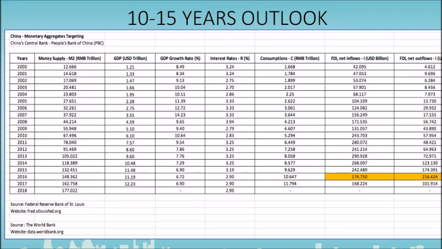But the growth rate in China increased from 2000 until 2007, and in 2007 it decreased because of the global economic crisis, and it increased back in 2010. For the interest rate, it is in the range of 2.7 until 3.2. The consumption for China keeps on increasing from 2000 until 2017, and the FDI net inflows also increased from 2000 until 2017, except for in 2016.